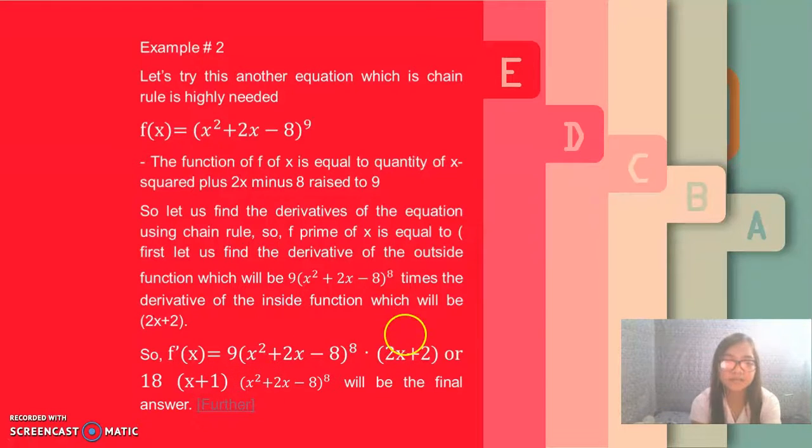Because as you can see, the 2x plus 2 can still be factored into 2 times (x plus 1). So the 2 will be multiplied by 9. That's why we have the 18. And then the x plus 1 came from here, and this (x squared plus 2x minus 8) raised to 8 came from here.